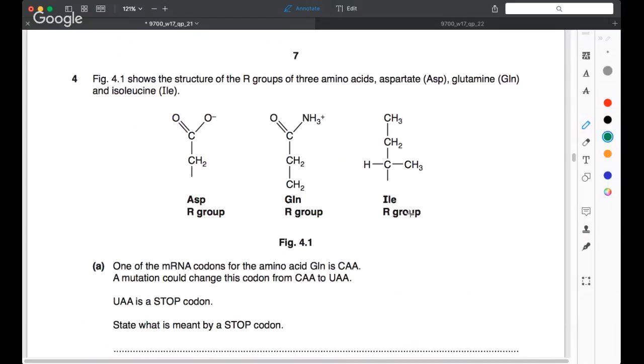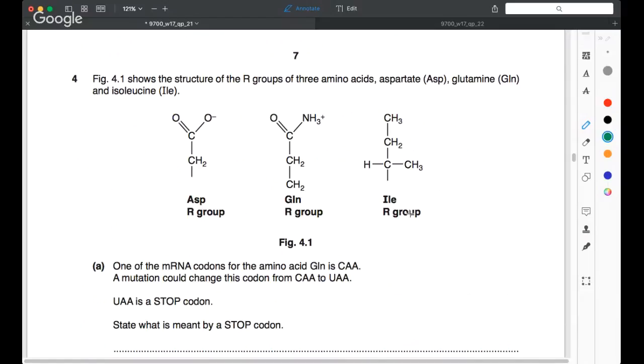Good. So explain to me why aspartame and glutamine are hydrophilic and why isoleucine is hydrophobic. So it contains a carbonyl group, which contains dipoles, and that O can form hydrogen bonds with water. Good.